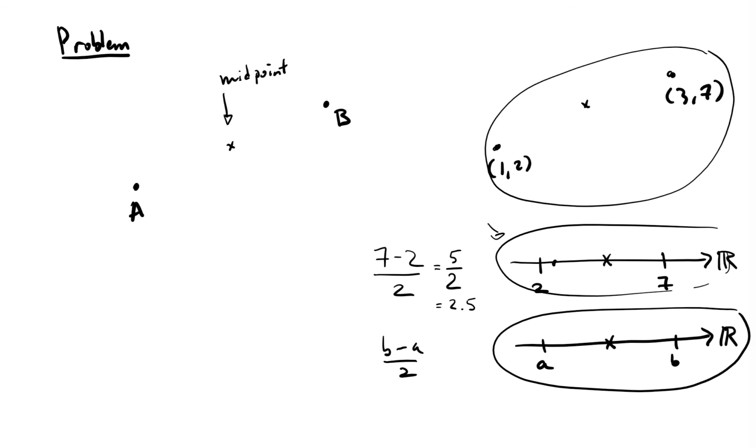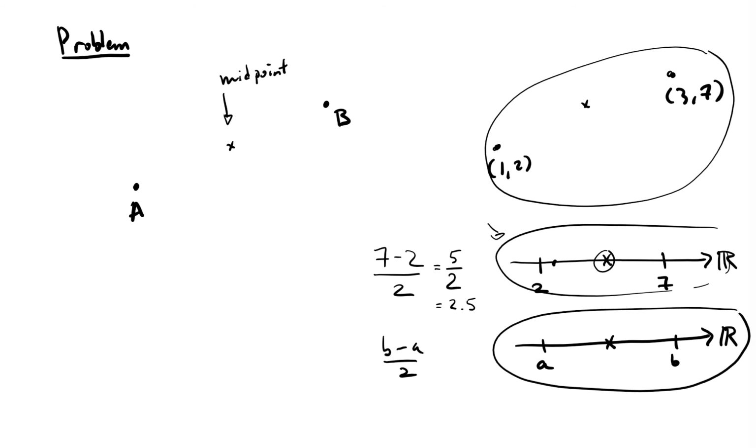The correct way to think about what the midpoint is, think of it at first as an average of the 2 points. If you think about it as an average, then you can see clearly what the formula is going to be.